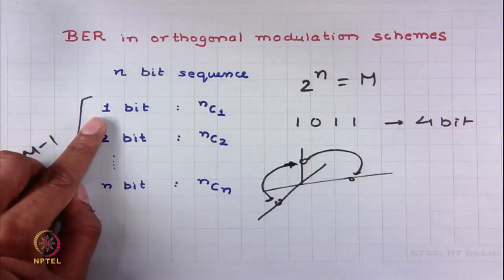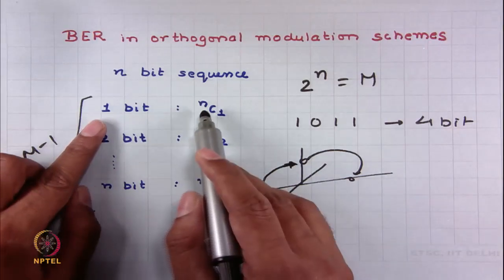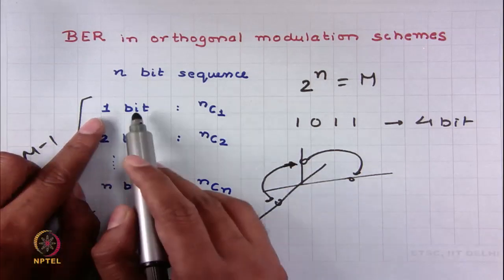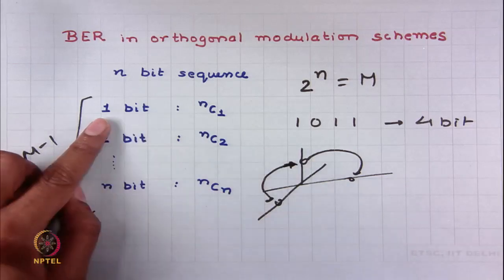Now, let us see how many symbols differ by 1 bit. If there are n bits in a sequence, the number of symbols that differ by 1 bit compared to the considered symbol is nC1.